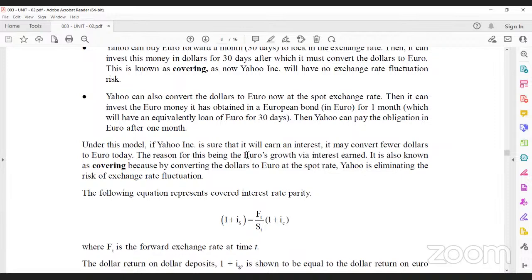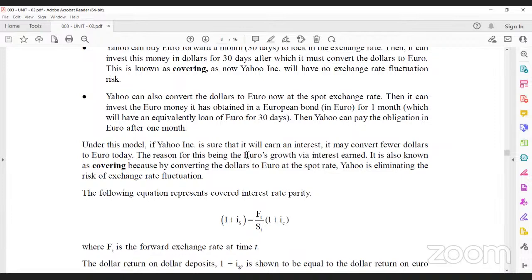This particular process we also call covering, because it is converting the dollar to euro at the spot rate, that is the current rate. This is eliminating the risk of exchange rate fluctuation, whatever the rate could be yesterday or tomorrow.